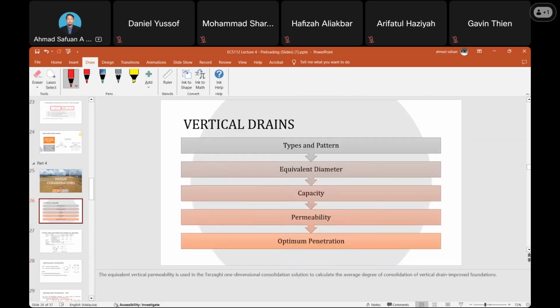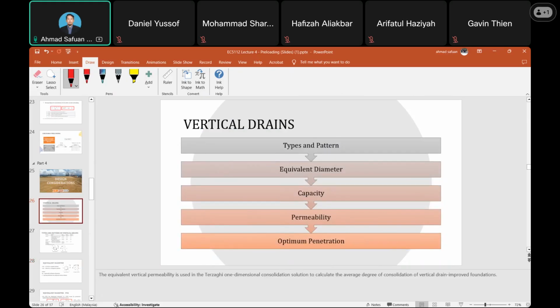For the vertical drains, the discussion will be on the type and patterns, equivalent diameter, capacity, permeability, and optimal penetrations.